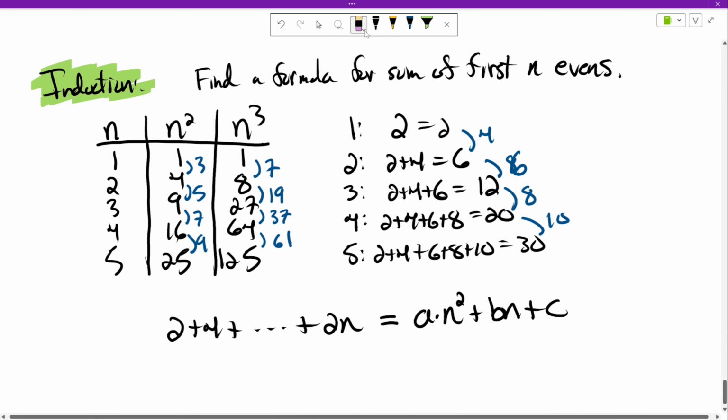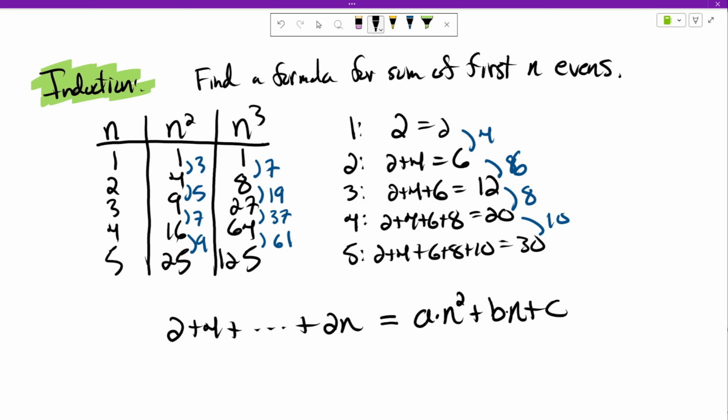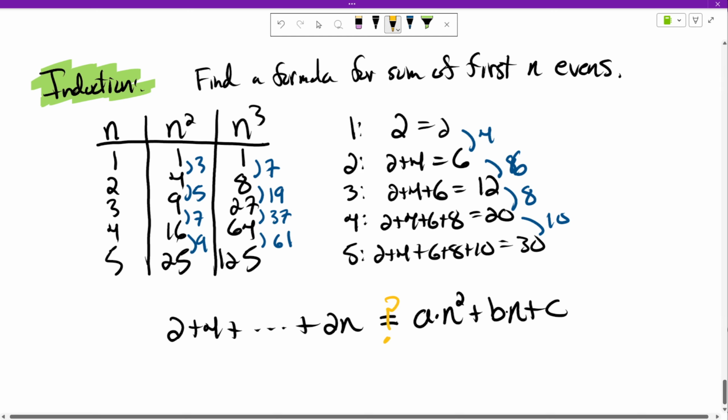It's clearly not n squared on the nose, right? It doesn't match. These aren't the squares. We have the squares in this middle column here. It's not the same. But it should be a quadratic. It definitely doesn't grow as fast as a cubic. So this is a guess. The guess is that the growth rate should resemble a quadratic function.